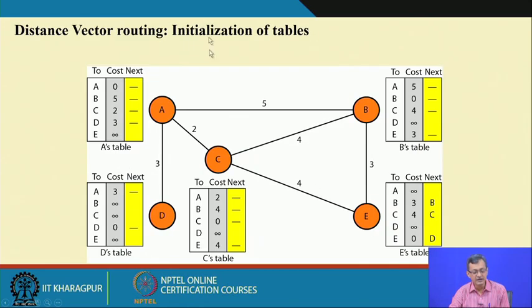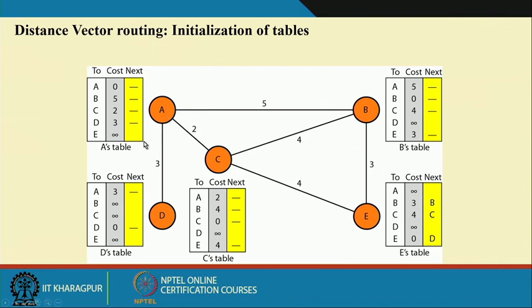So, at the initial step, for A, where nothing is known, say A starts up. For A to A the cost is 0, and A to B is 5, because these are connected, but A does not know where E is, so it is infinity. But C knows where E is, with cost 4. So, next time it gets the update from C's router, it updates its table.